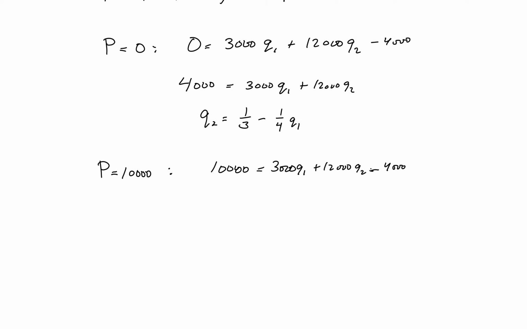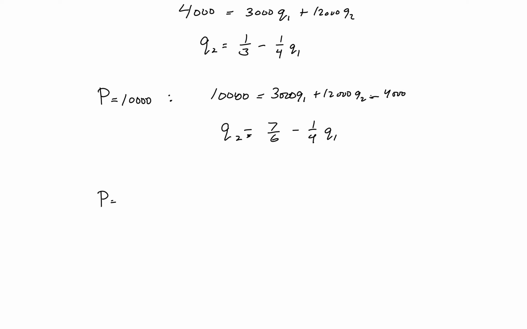Solving for Q2, we get 7/6 minus 1/4 Q1. And finally, if we do 20,000 and skip the steps here, this is going to be 2 minus 1/4 Q1.